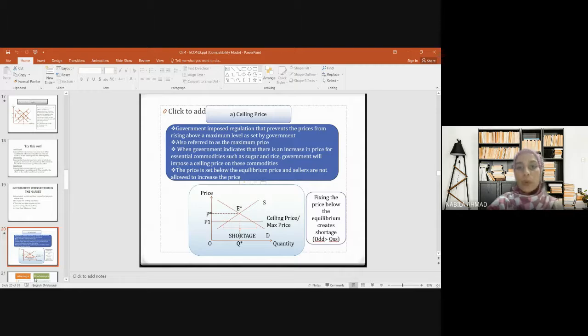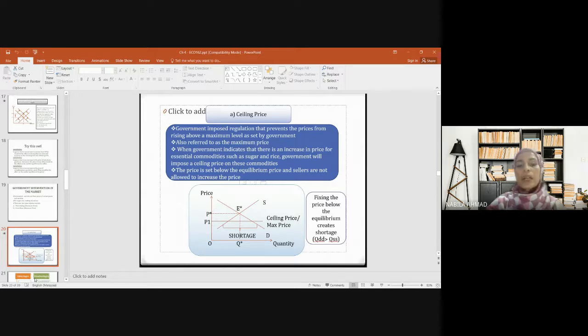So government impose regulation, dia tak nak harga tu naik mendadak lagi. So dia impose this price ceiling ataupun kita panggil sebagai maximum price. Maknanya apabila dia impose this maximum price, producer tak boleh letakkan harga barang itu lebih daripada price yang telah government impose itu. Okay, so ini adalah untuk bantu consumer. Barang-barang jenis apa yang government impose price ceiling?